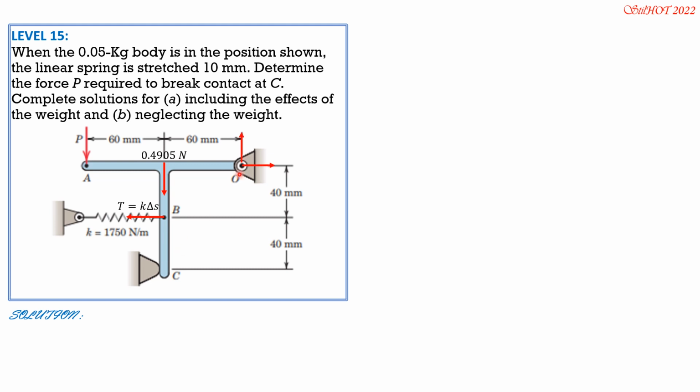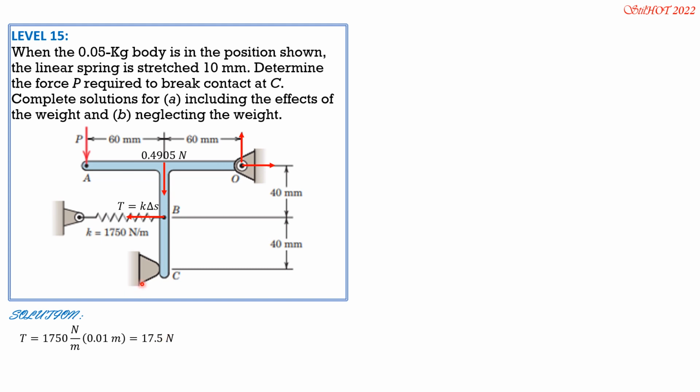So these are the reaction components at O. Moment O is 0 because this is a smooth pin. So T is 1,750 Newton per meter times 0.01 meters, so 17.5 newtons.